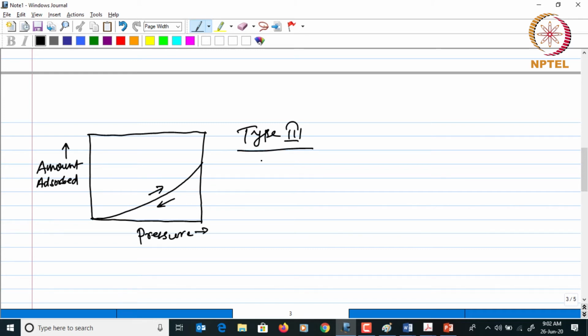Okay, so type 3 isotherms are obtained when the interaction between the adsorbate and the adsorbent is weak.